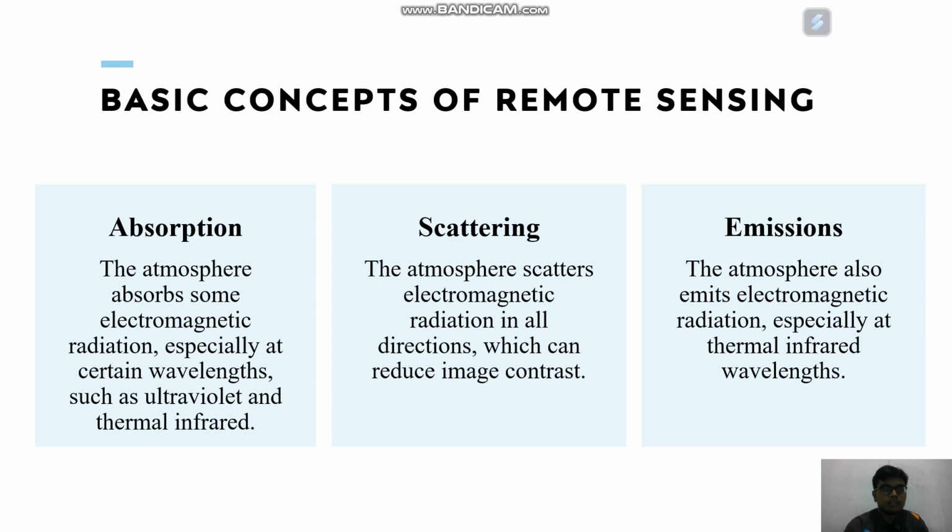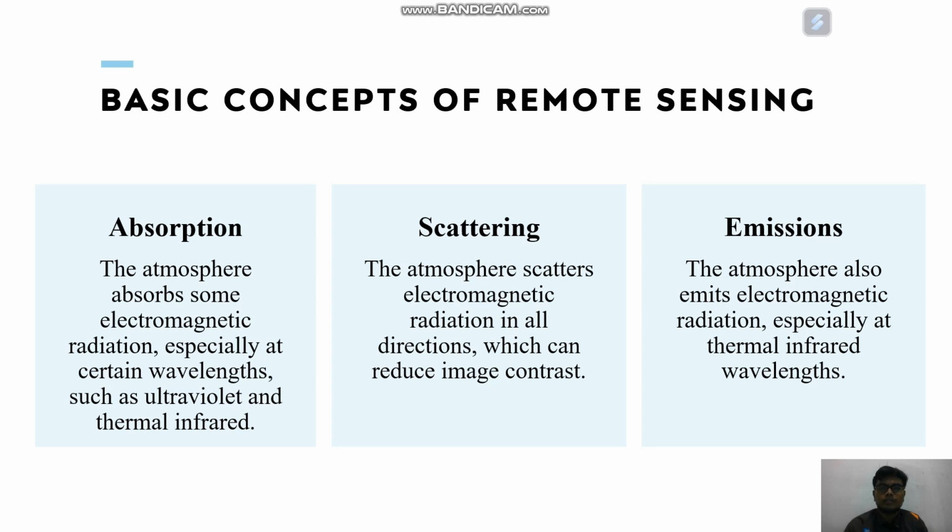The atmosphere absorbs some electromagnetic radiation, especially at certain wavelengths such as ultraviolet and thermal infrared. The next basic concept is scattering.